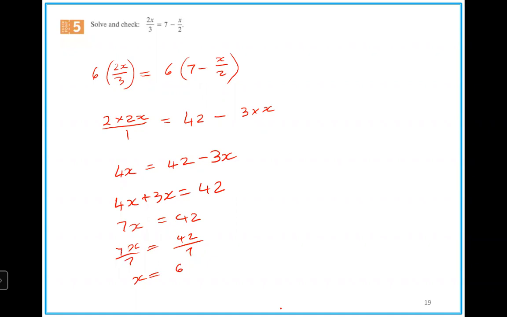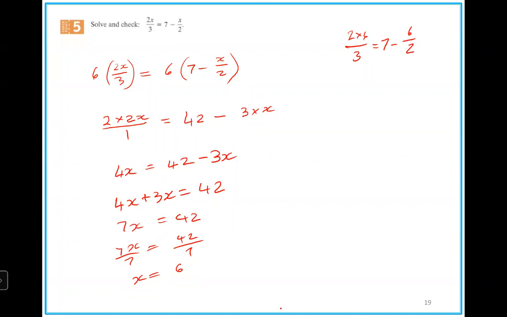Okay, thank you. All right, x is equal to 6, and you can always check by saying, okay, 2 times 6 over 3 equals 7 minus 6 over 2. So we put the 6 in place of x.